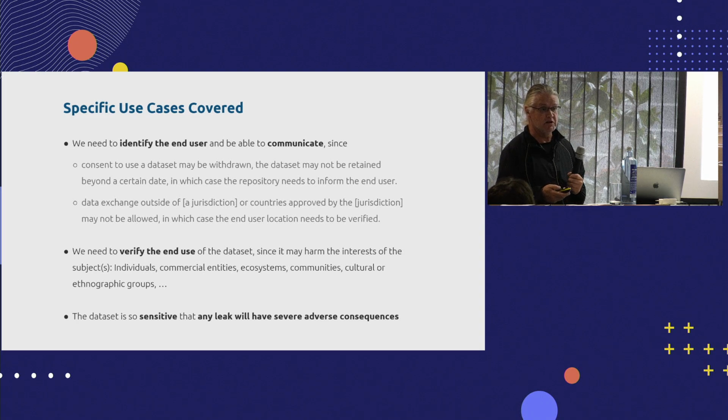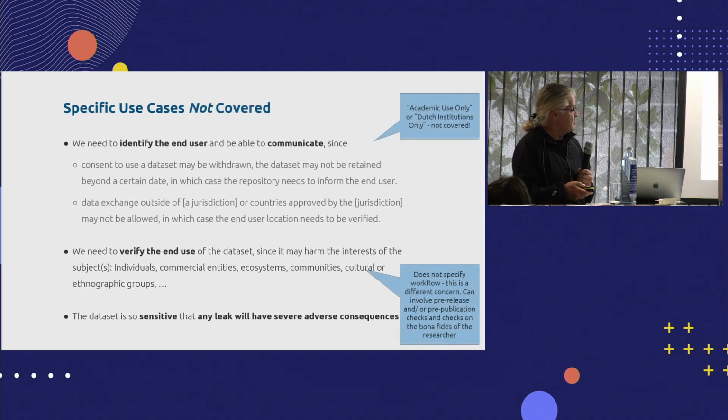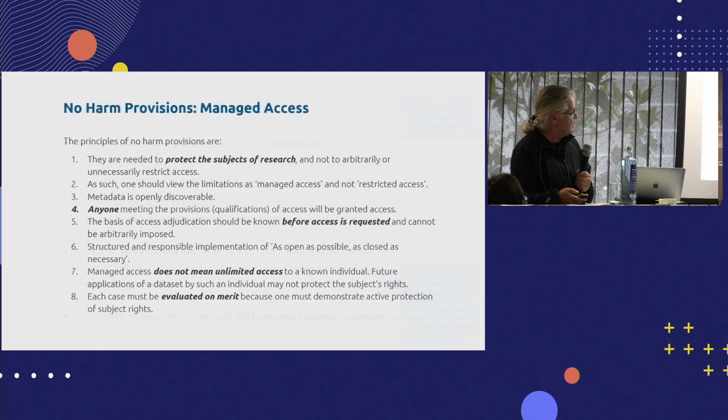So we stated very broadly, it's not about personal data only, but also about sensitive data in respect of ecosystems or commercial interests, so on and so forth, because generically they can all be treated the same. And then the edge case that says the data is so sensitive that any leak will have severe adverse consequences on the subjects. It's worth pointing out that there are some use cases that we don't address, but I'm going to skip over them in the interest of time.